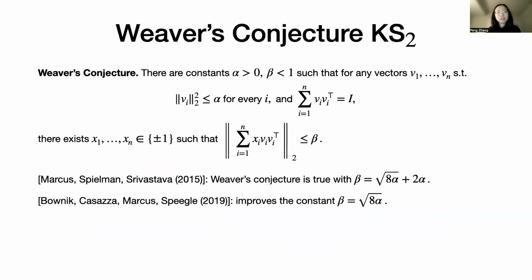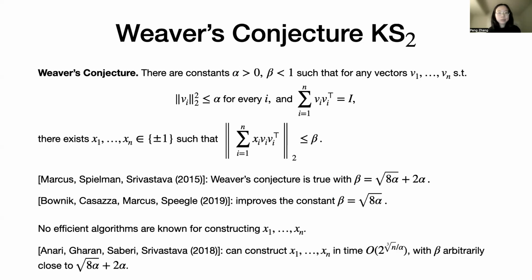In 2015, Marcus, Spielman, and Srivastava confirmed Weaver's conjecture, with beta being the square root of 8 times alpha plus 2 times alpha. And later, this constant beta has been improved to the square root of 8 times alpha.